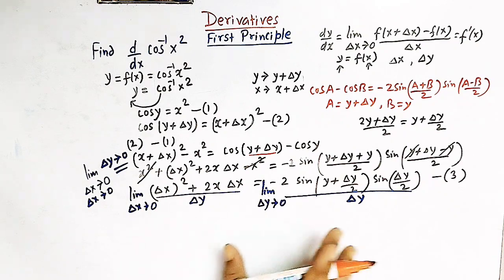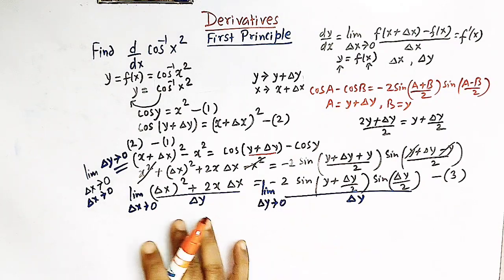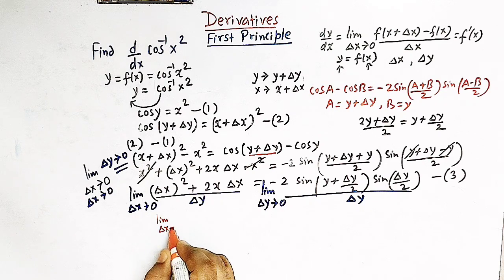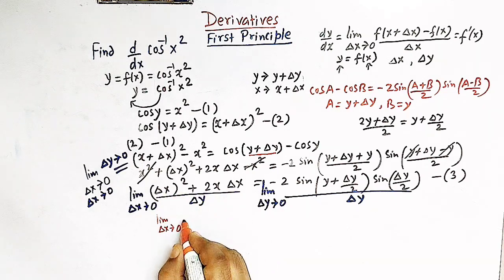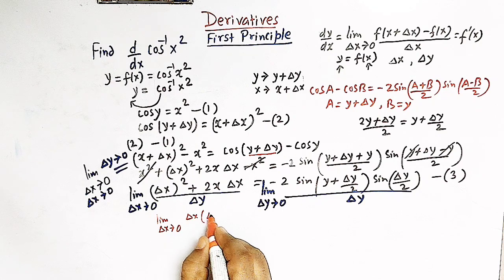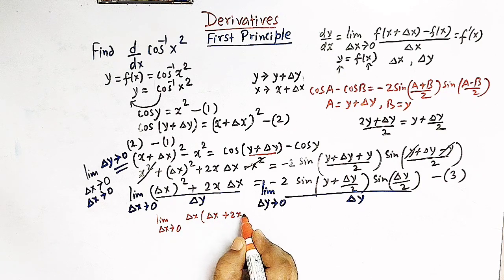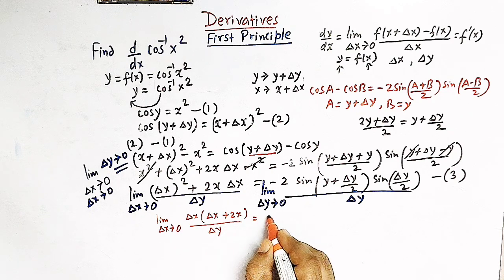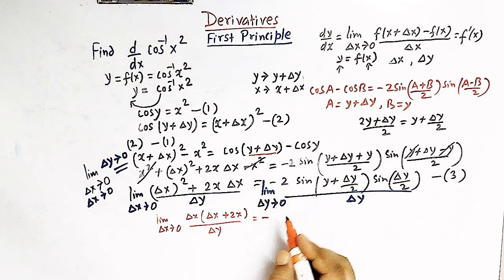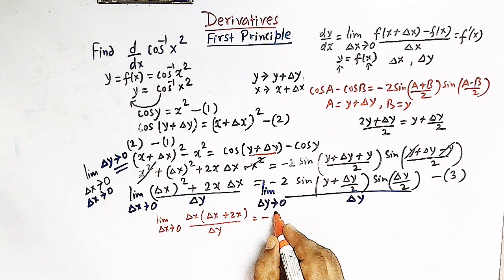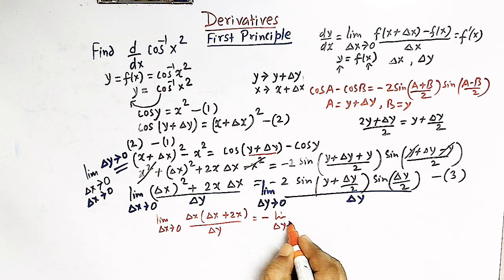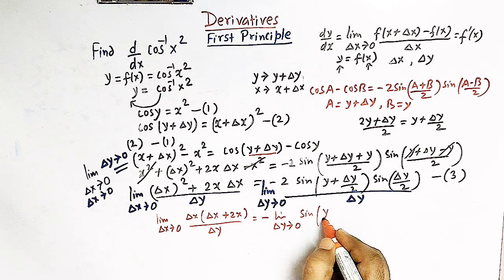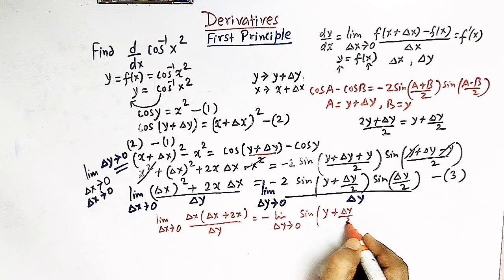So now let us further simplify both these sides. So we can now write limit delta x tends to 0, and we can take delta x common. So we have delta x plus 2x, and in the denominator we have delta y, and here we have minus this negative sign, and we can now write a limit delta y tends to 0. So first we'll write sine y plus delta y over 2.